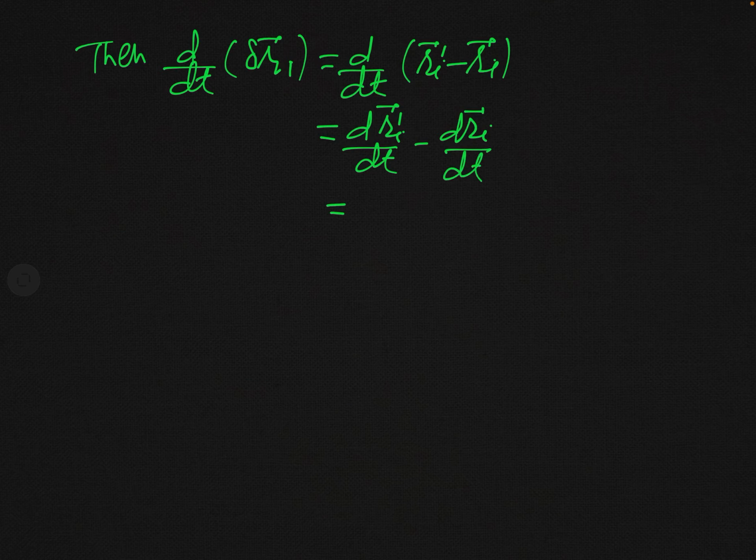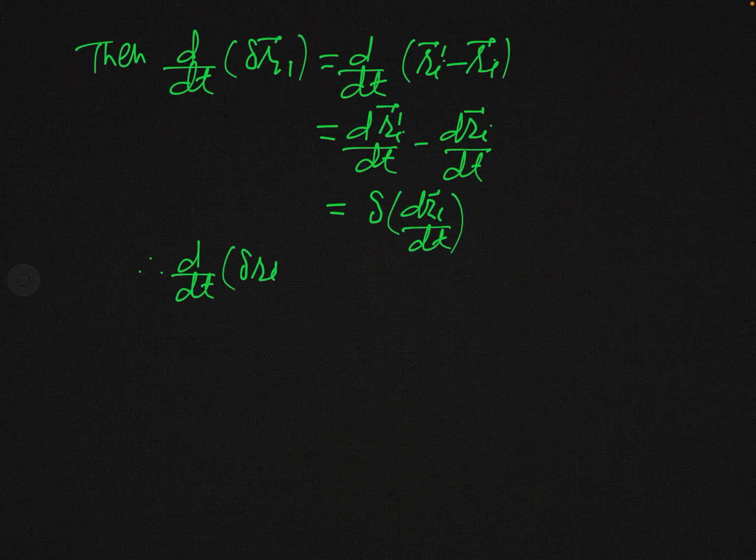This is actually the small variation of dRi by dt when one moves from the actual path to the neighboring path. So we can write it as delta variation of dRi by dt.